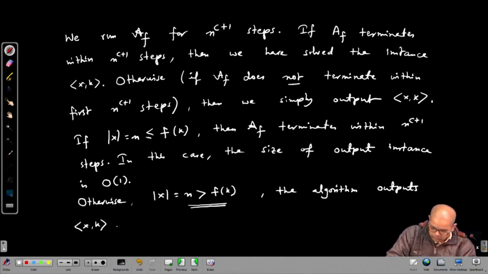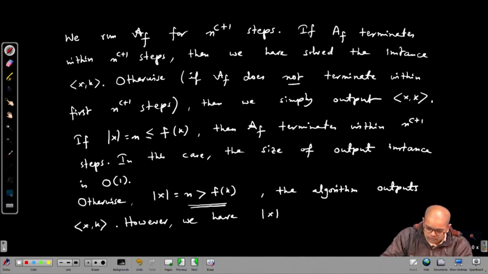However, sorry, I think this will work if f of k is less than or equal to n.